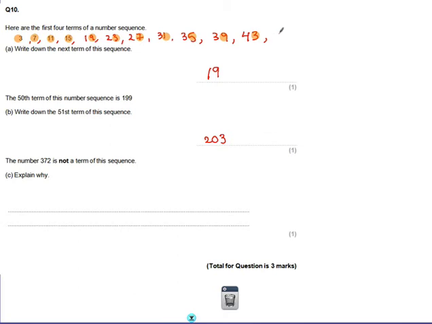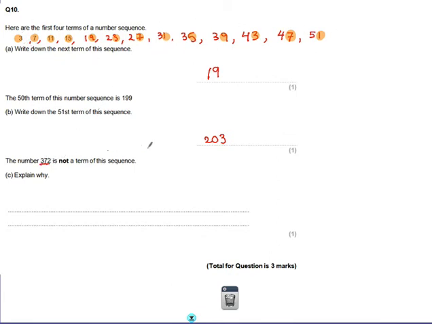If I add 4 to it, it's going to be 47. Add 4 again is 51. So the units keep repeating one after another: 3, 7, 1, 5, 9. 3, 7, 1, and the next one will be 5, and again 9. And all of these units are odd numbers.